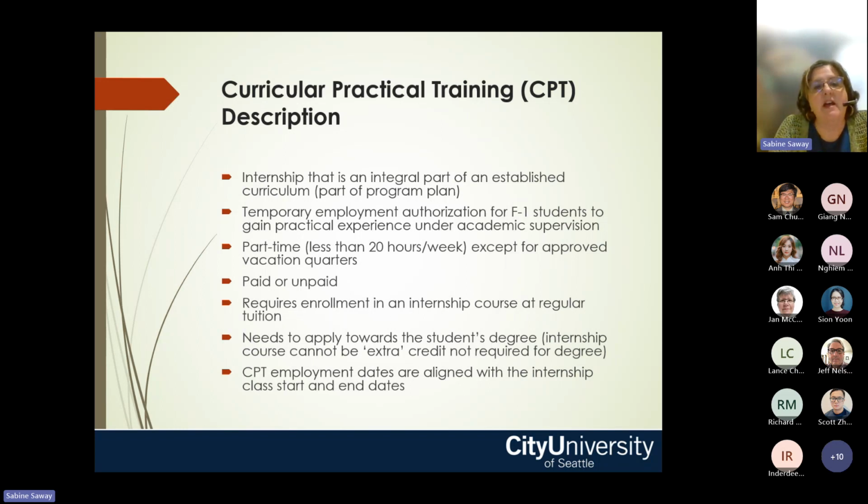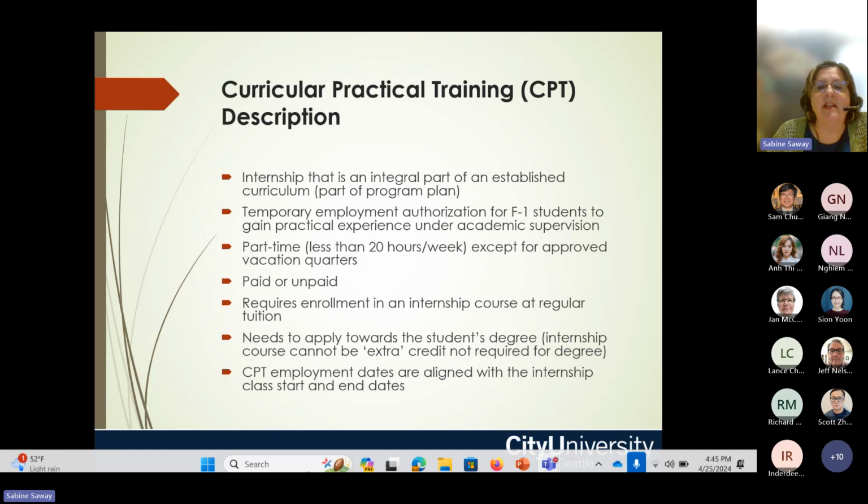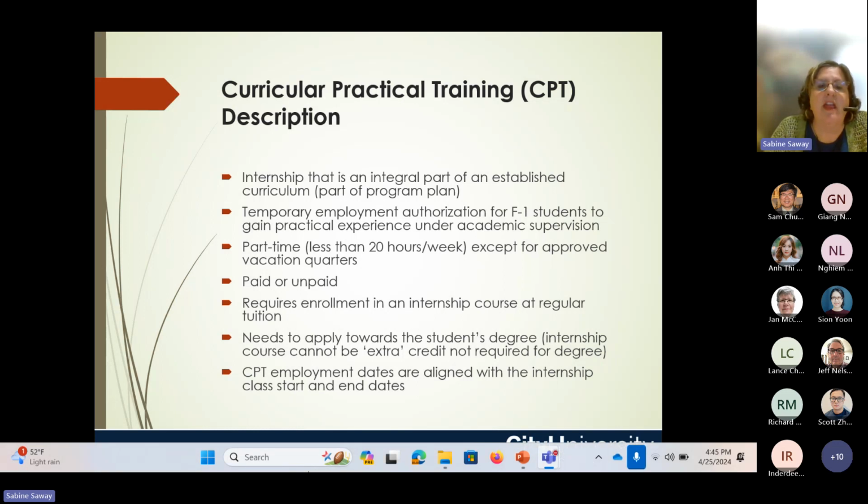In our case, CPT is mainly part-time, which means less than 20 hours per week, except for approved vacation quarters. The internship can be paid or unpaid, and it requires enrollment in an internship course at regular tuition.